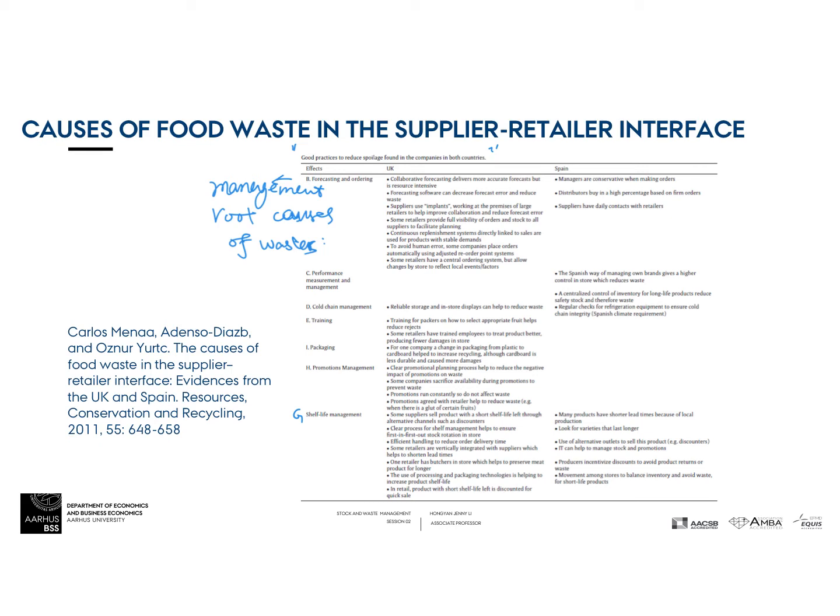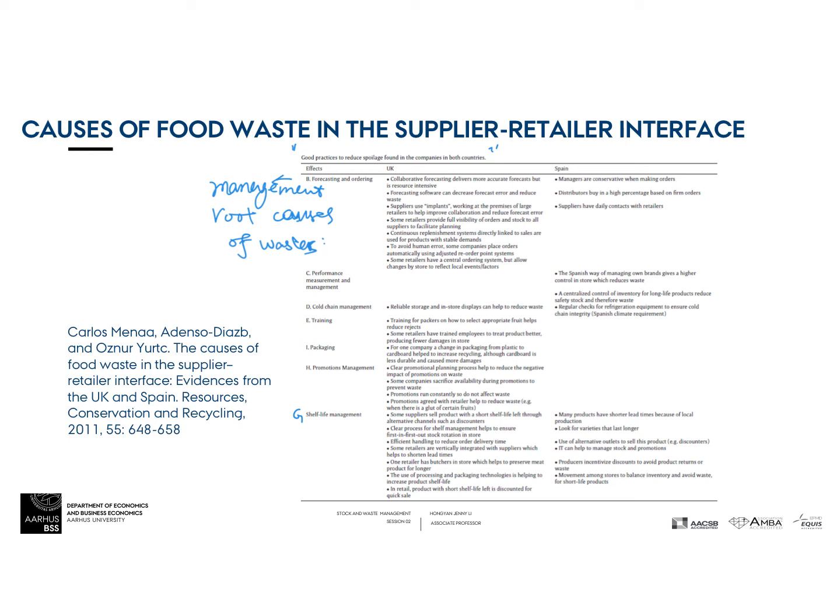Now you can see from the UK, starting with forecasting and ordering, you can do collaborative forecasting, you can use forecasting software, and suppliers use implants, working at the premises of large retailers to help improve collaboration and reduce forecast error.